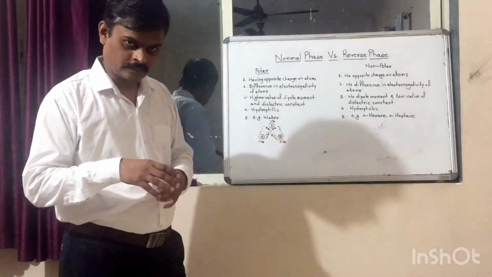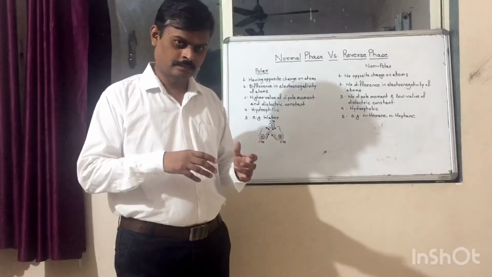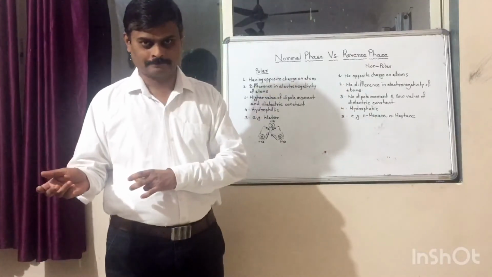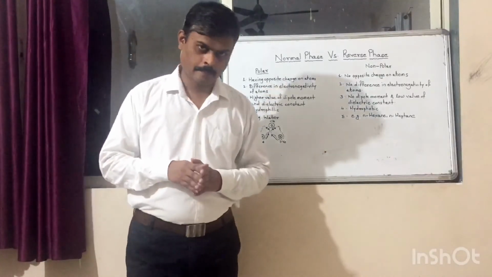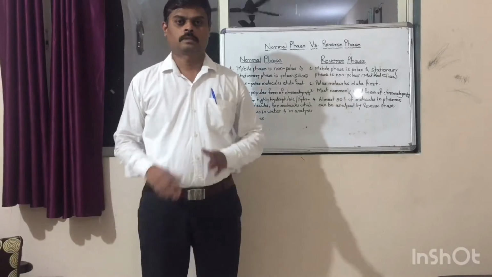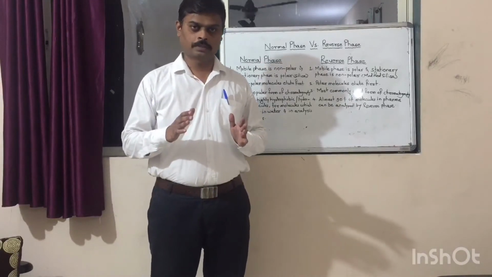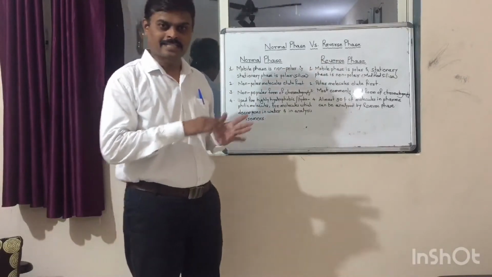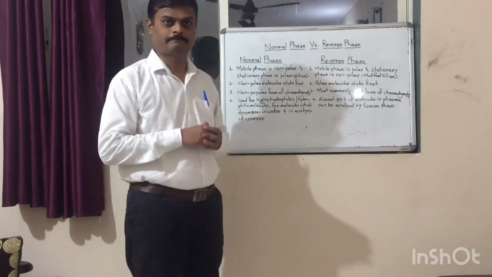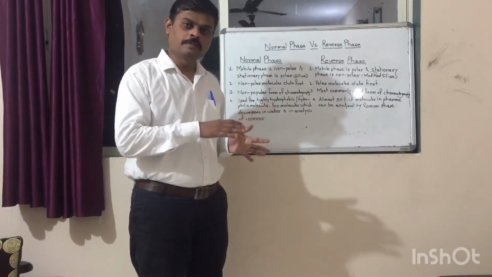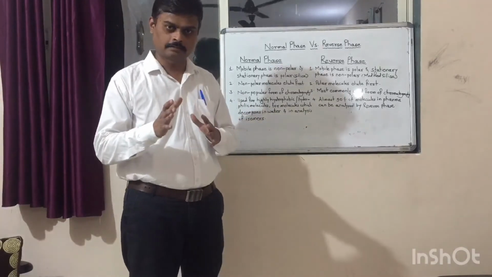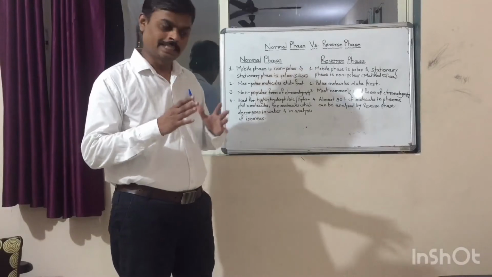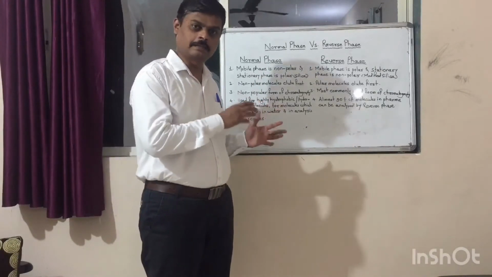So let's start with normal phase chromatography and reverse phase chromatography. In normal phase chromatography, the mobile phase is non-polar and the stationary phase is polar. The column is filled with silica, which is polar in nature due to the silanol group present in silica.